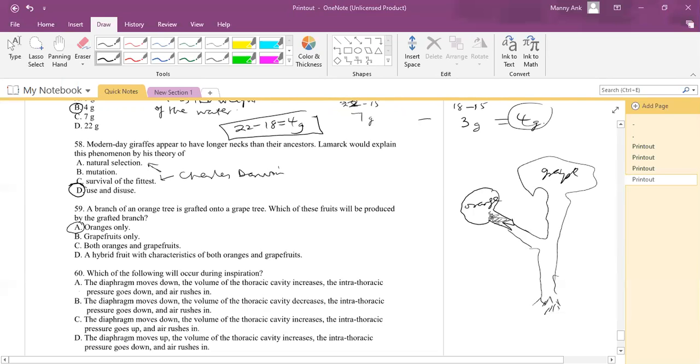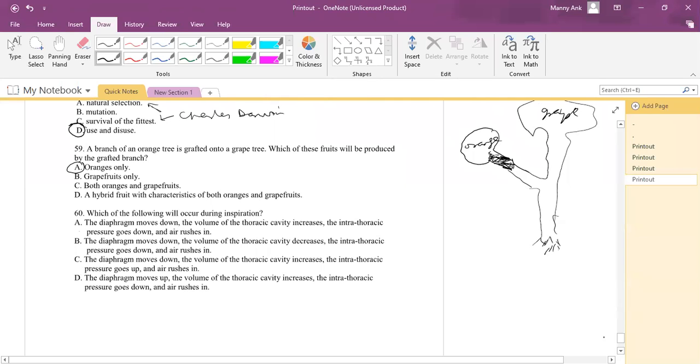So like will bear like. Orange will always bear orange. Grape will always bear grape, not a mixture of the two. It's just a grafted branch, getting nutrients from the grape branch.